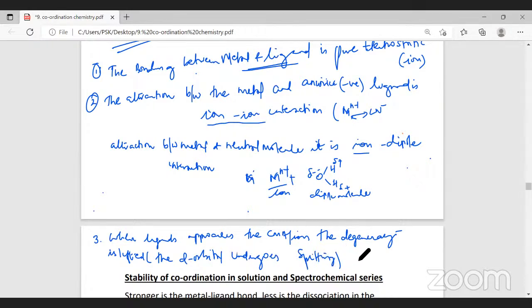And this is called crystal field splitting.